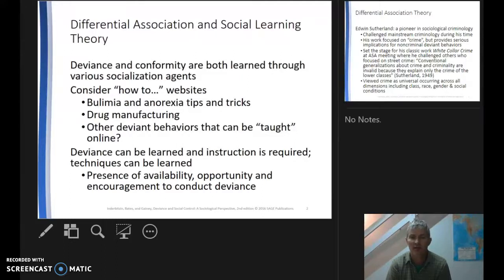Now, today we're seeing some different ways to learn these deviant behaviors. The internet, of course, is very influential in teaching us about deviant behavior. Many people live in places where marijuana is not legal, but you can go to the internet and find out exactly how to grow it, where to get the products to grow, the types of nutrients that you need, and all those types of things.